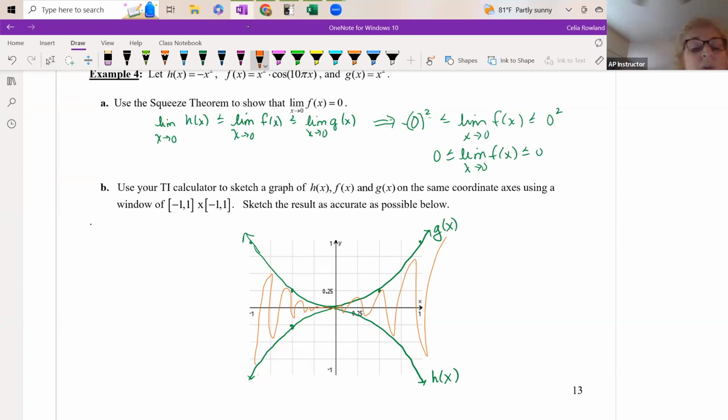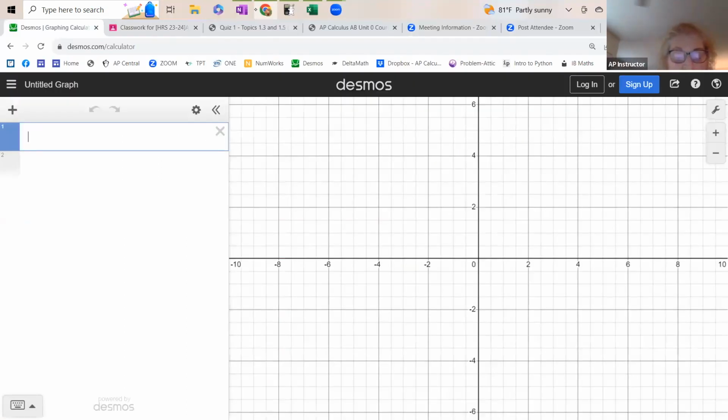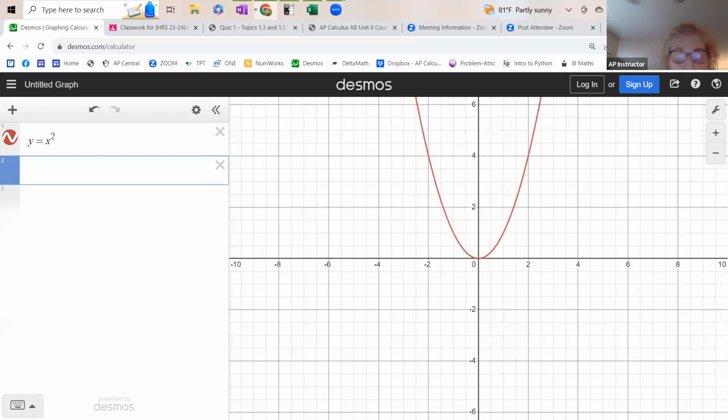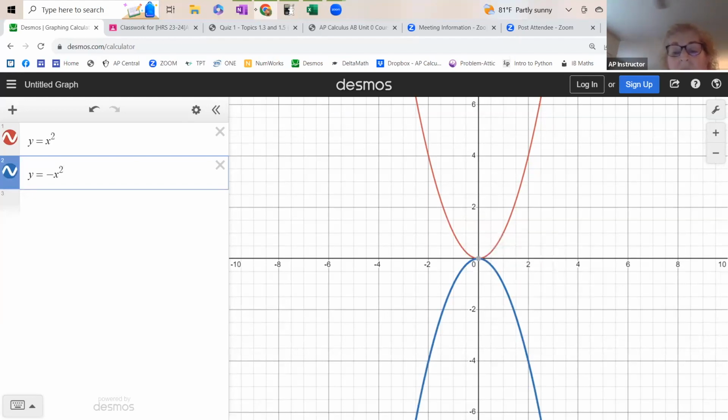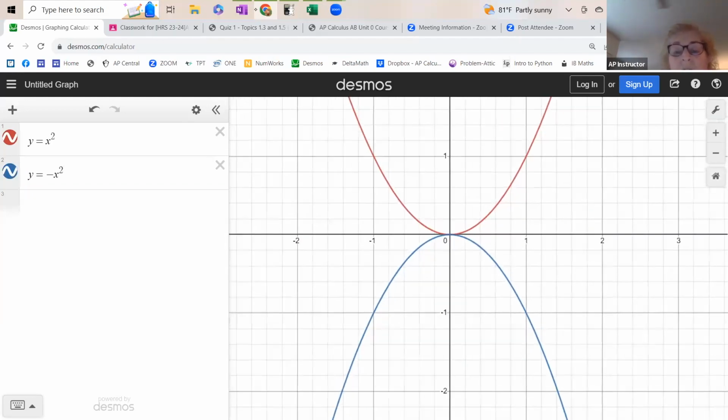All right, so let me write this down. So x squared cosine 10 pi x. I'm going to say y equal to x squared, and y equal to negative x squared. There we go, and I can move in on this.